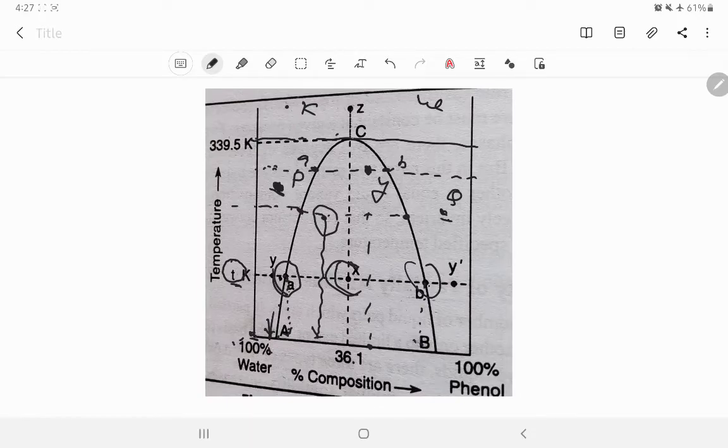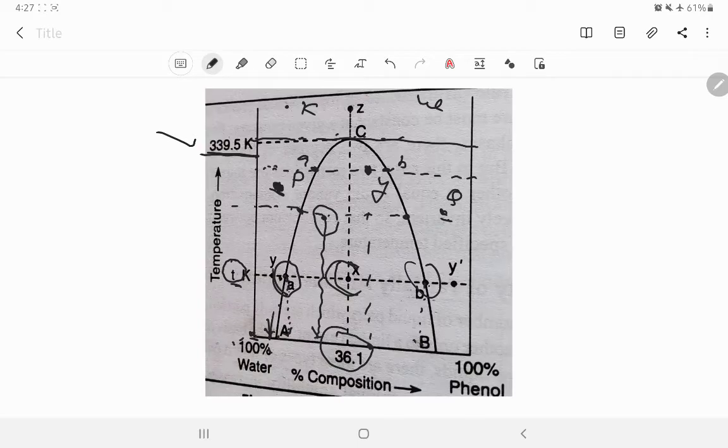Because above this temperature, these two partially miscible liquids become completely miscible. That's why it is the critical solution temperature. And at this critical solution temperature, this is the composition. Means at upper CST, what is the composition?